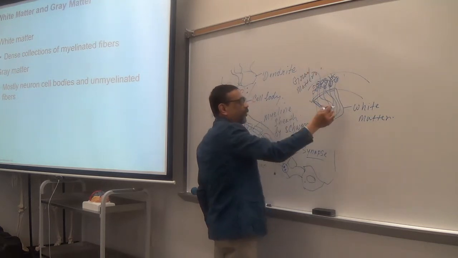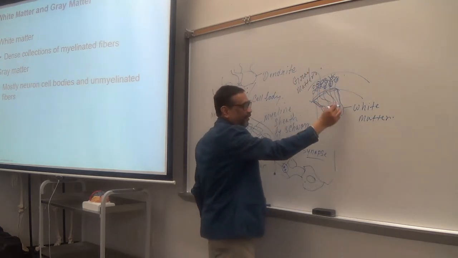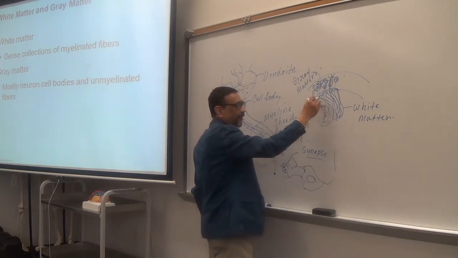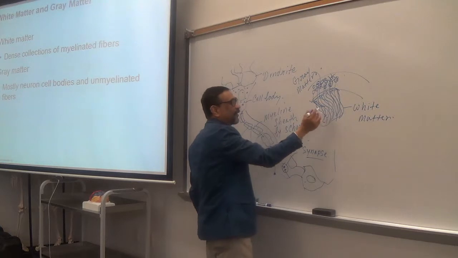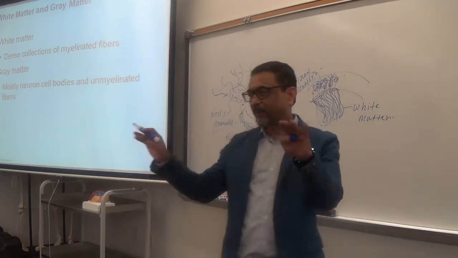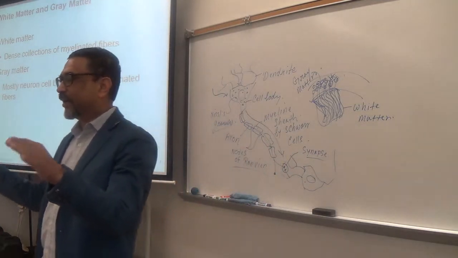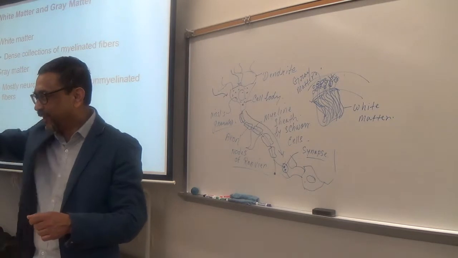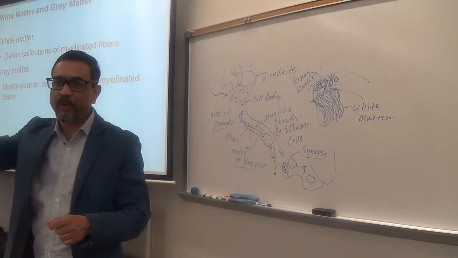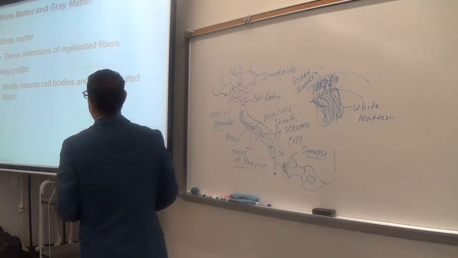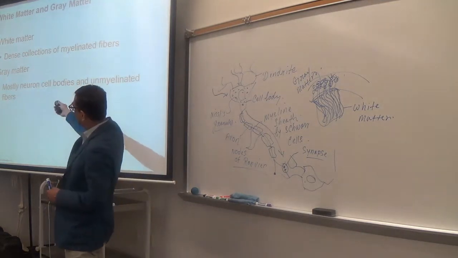So white matter has the insulated myelin sheath axons, and here you have the cell bodies and dendrites. That's why they look a different color. The color is different, and you can see it without a microscope. If you cut the brain, you'll see the outer part is gray and the inner part is white. That's what white matter and gray matter are.